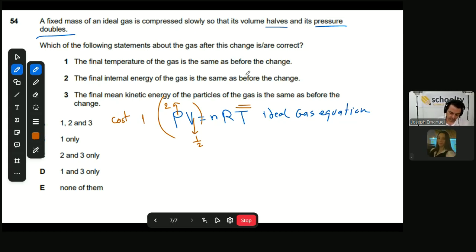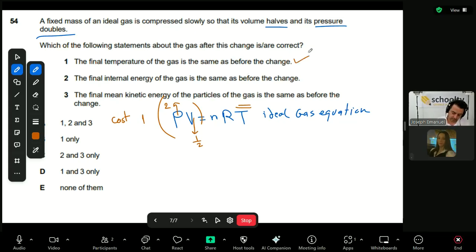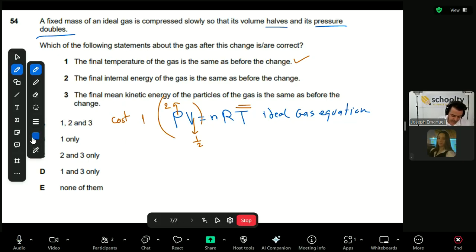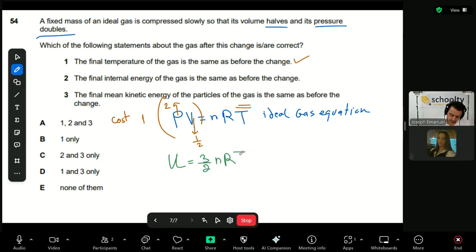So let's see the first statement. The final temperature of the gas is the same as before the change. Correct. Second statement. The final internal energy of the gas is the same as before the change. This is also correct. For an ideal gas, internal energy, which is U, is proportional to the temperature. If temperature is unchanged, then internal energy is also unchanged.